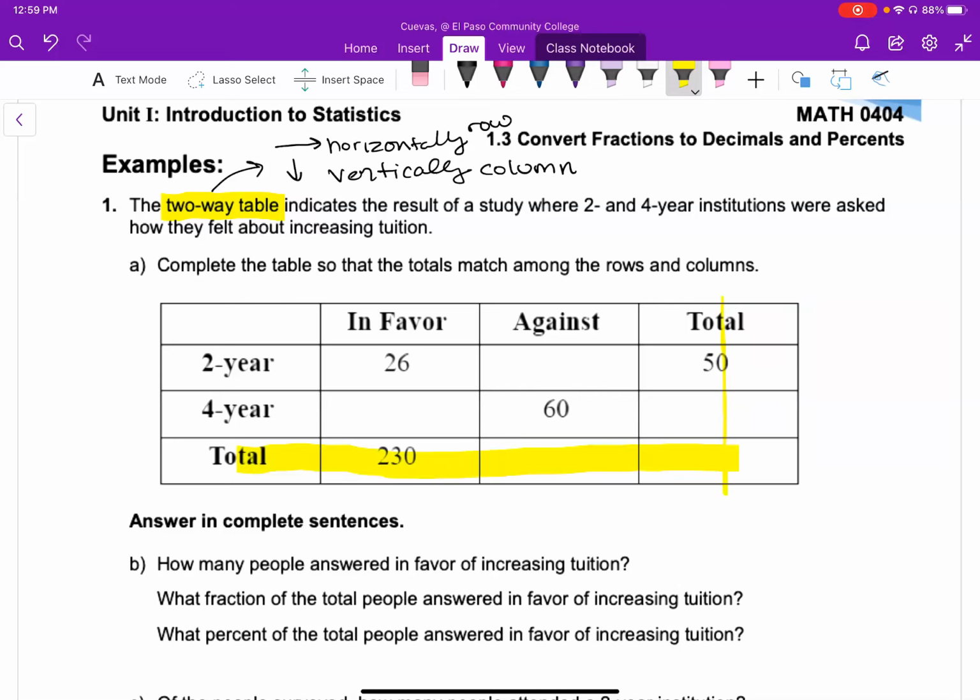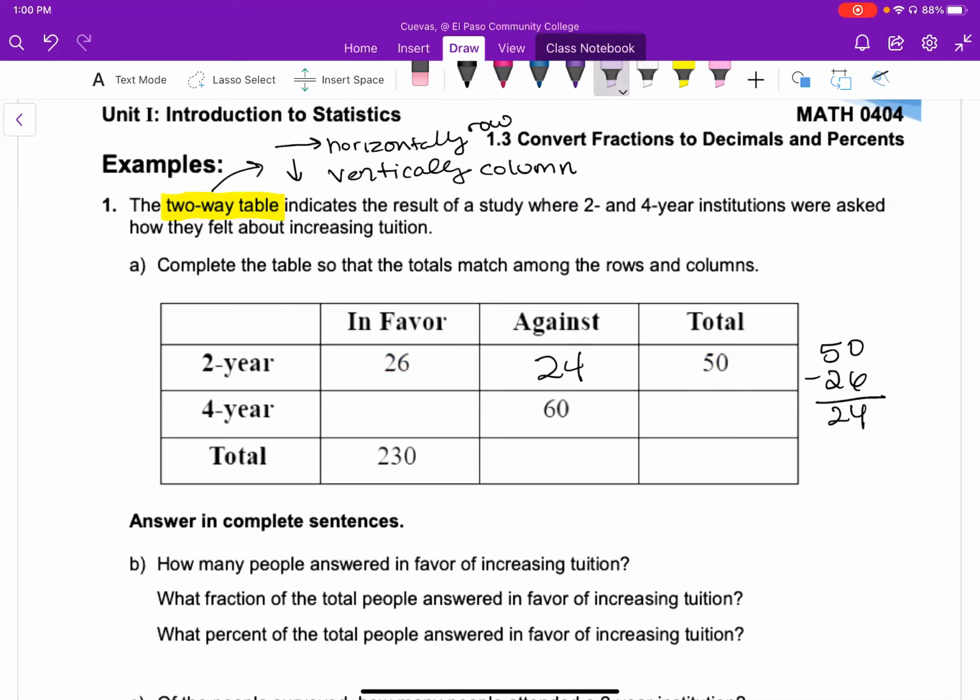So for example, in this row here, we have a total, and I know that the total of this row should be 50. I already have 26 people in favor with a 2-year, so I want to know how many go here. I'm going to take 50 minus 26, and that gives me 24. So my value in here is 24.